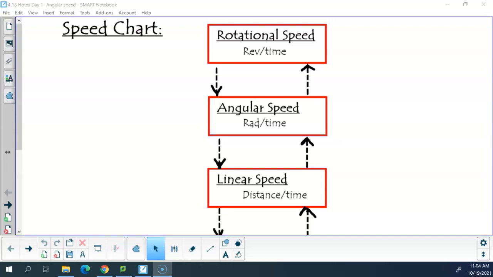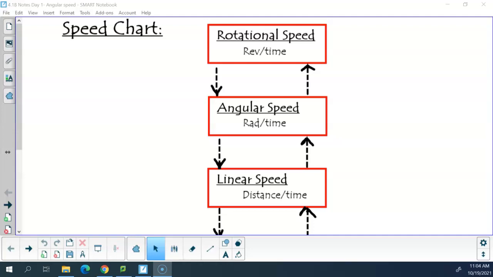How many angles is a point going through as it rotates around on this circular object? That's angular speed, and that would be radians per amount of time, or if you convert it into degrees, degrees per amount of time.